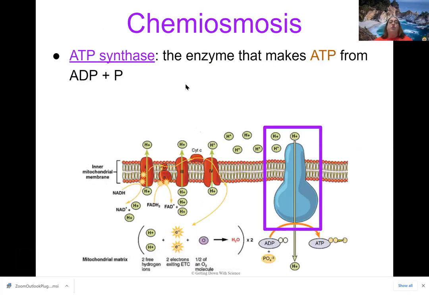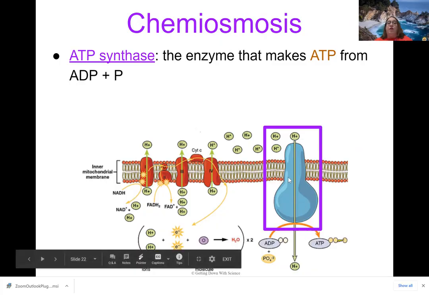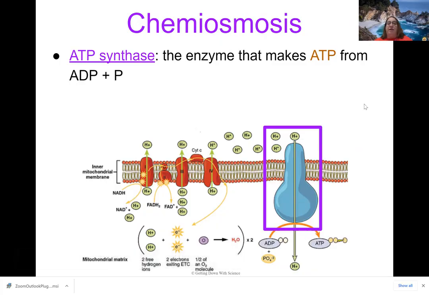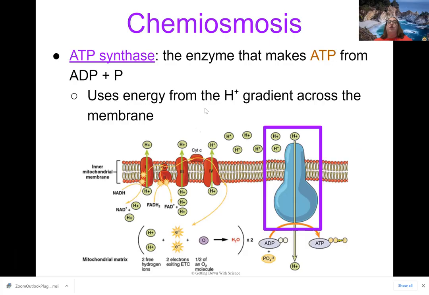For chemiosmosis, we're going to use that ATP synthase enzyme to actually make the ATP. And so notice our gradient, we've got lots more hydrogens on one side than the other, and we're going to move them through that ATP synthase. We're going to use the energy from those hydrogen ion gradient across that membrane.